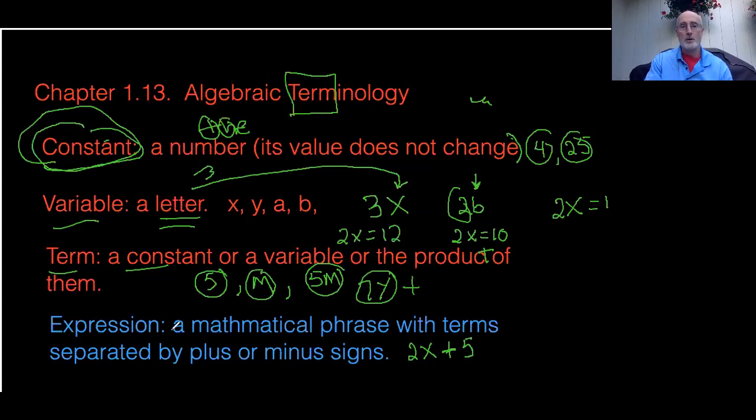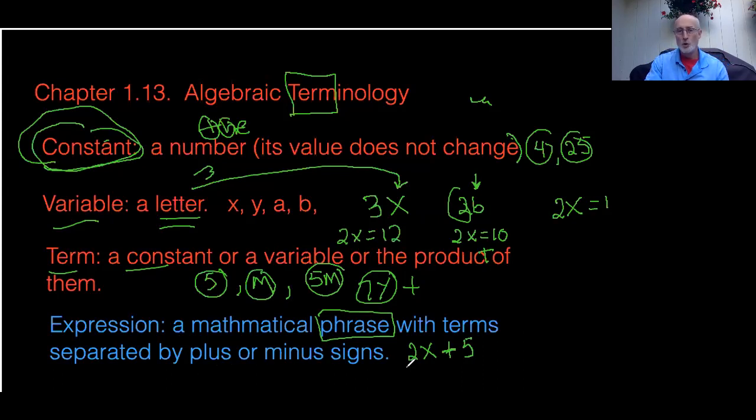You've also got something called an expression. And an expression is a mathematical phrase. I like to think of it like English. A complete sentence has phrases, but it also has to have a complete thought to make it a sentence, okay? So a mathematical phrase with terms separated by a plus or minus.